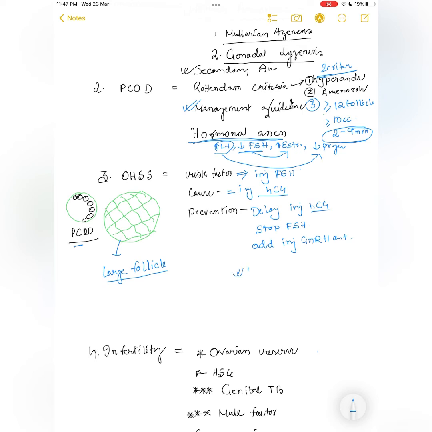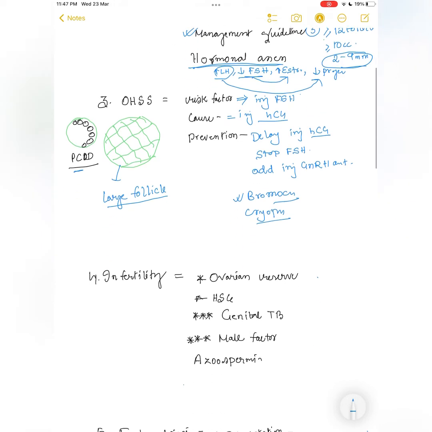Also, cryopreservation, monitoring, and bromocriptine are part of prevention. Go through this topic, as it is very, very important.